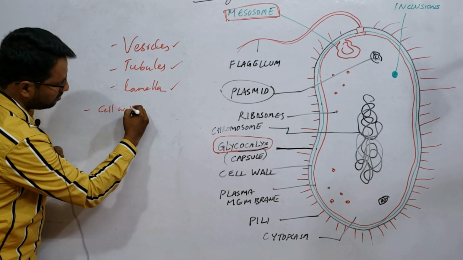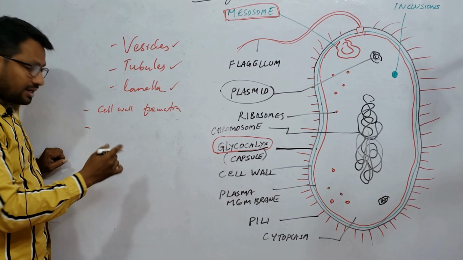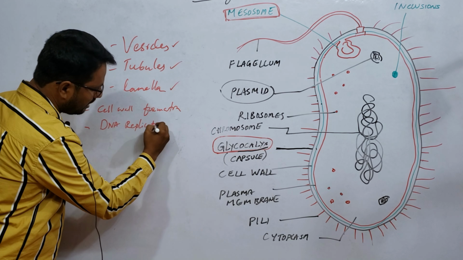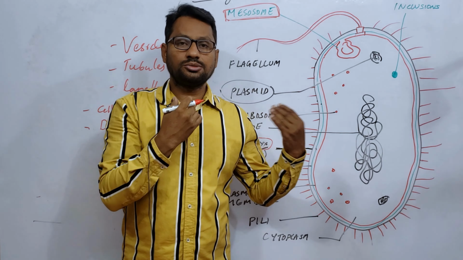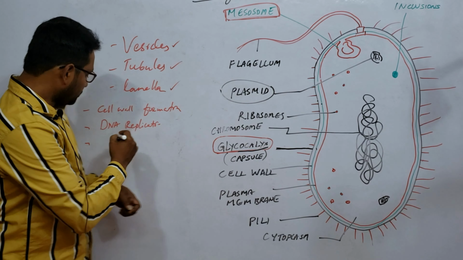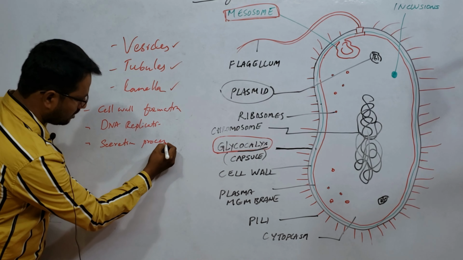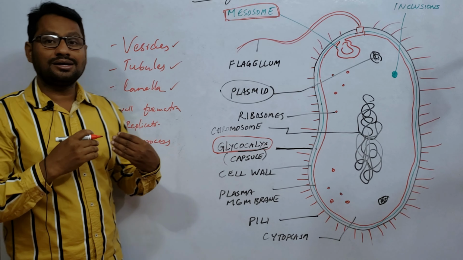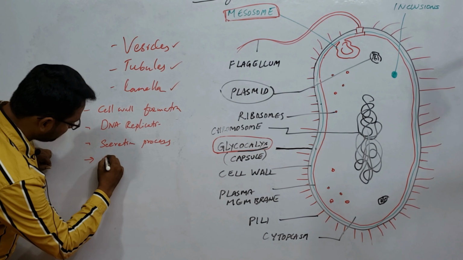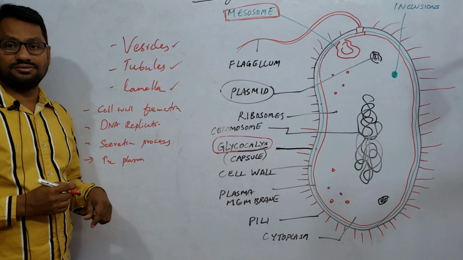So, the mesosomes may be present in the form of vesicles, tubules and lamellae, and mesosomes help in cell wall formation, DNA replication and distribution to daughter cells, and secretion processes, increasing the area of the plasma membrane for enzymatic activity.